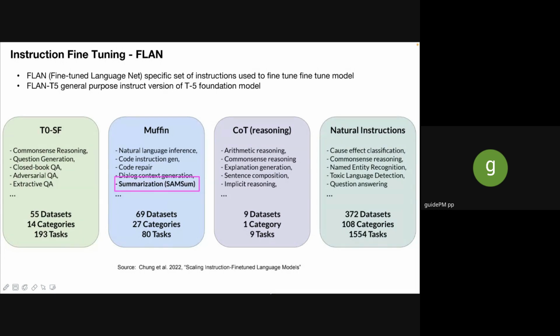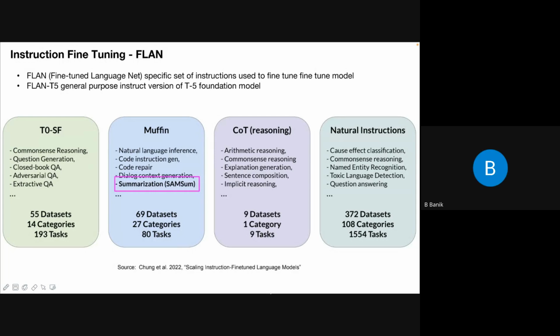This Muffin in general? Yeah, so these are a kind of dataset. You can see there are 69 datasets, and these are the different categories of datasets.